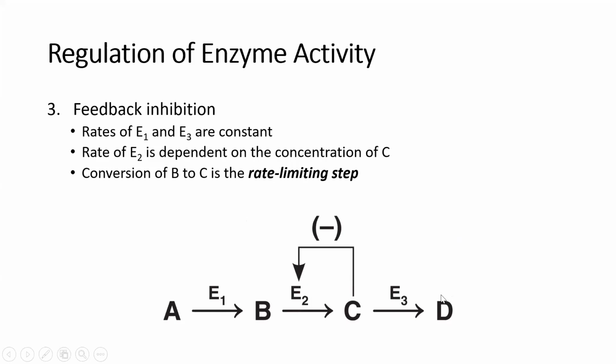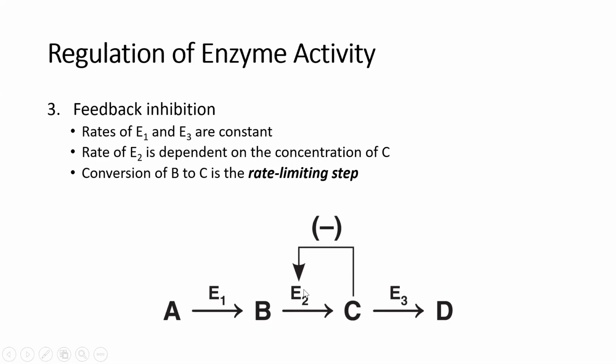What we see is that enzyme 2 and the conversion of substrate B to product C is the rate limiting step. In other words, this is the regulatory step of this series of reactions. What that means is that enzyme 2 is influenced by the concentration of product C in this reaction. So if there's a lot of C being made, that is an indicator that will create the response that turns down or decreases the activity of enzyme 2.